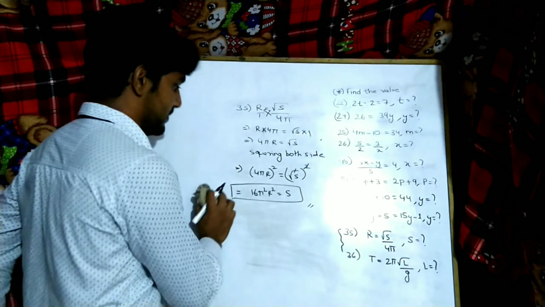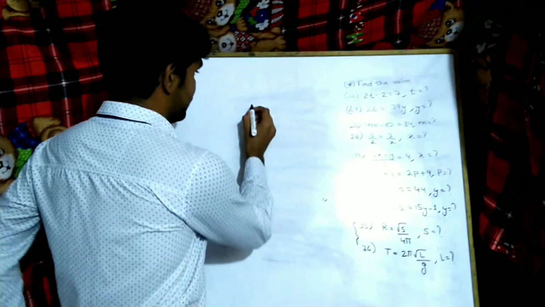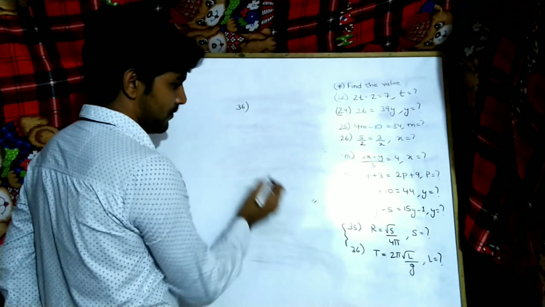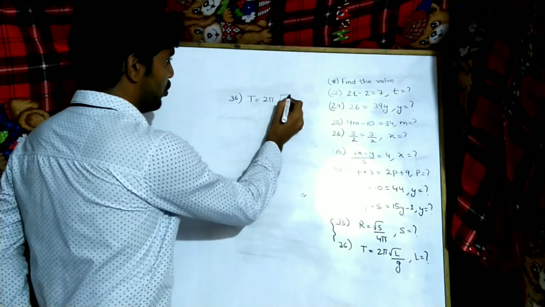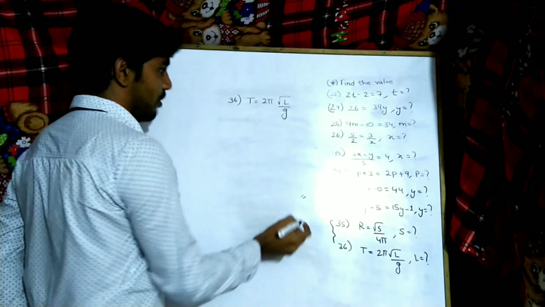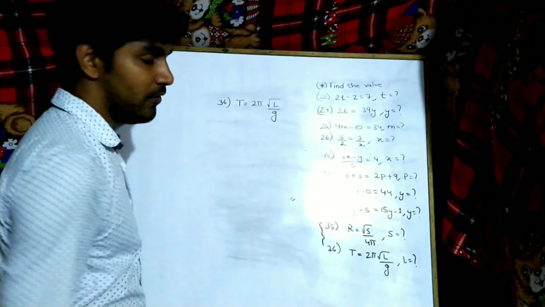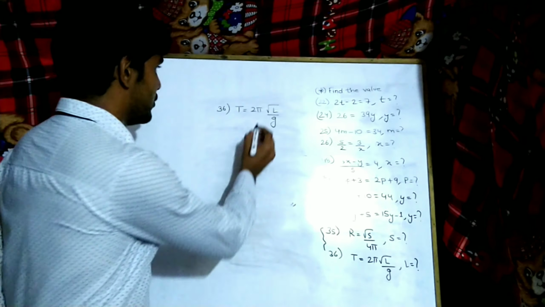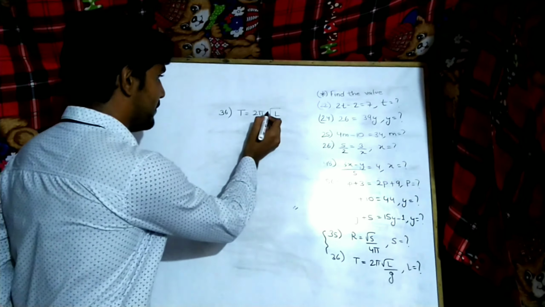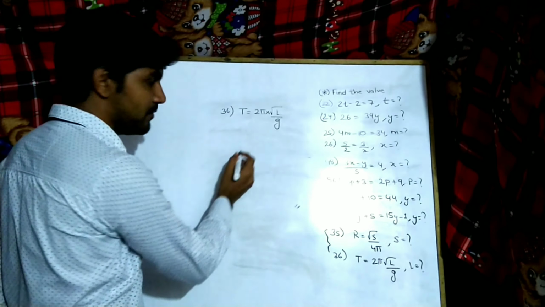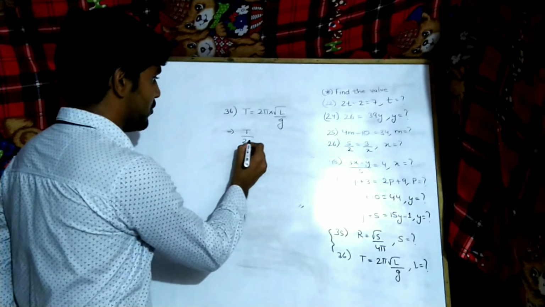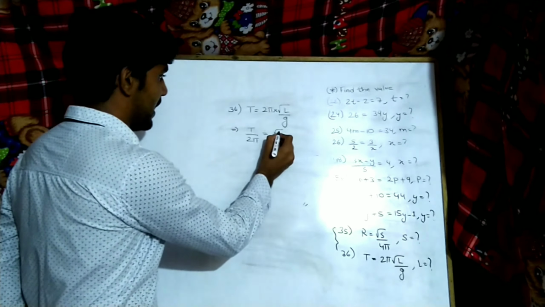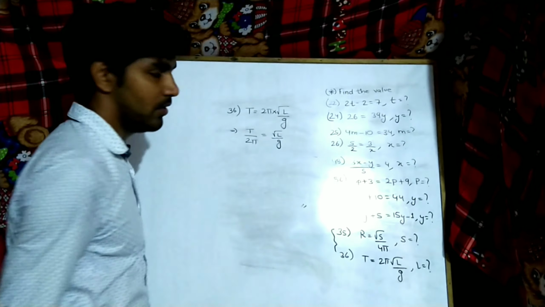Let's go to 36th problem now. T is equal to 2 pi root L by G. Now we have to find the L value. Okay. So this multiplication part both that side becomes division. So T by 2 pi is equal to root L by G. Okay.